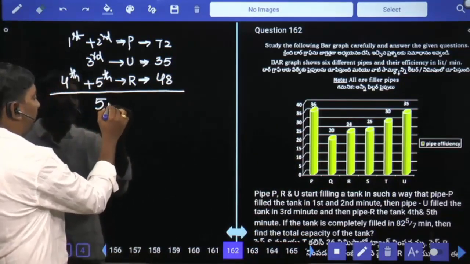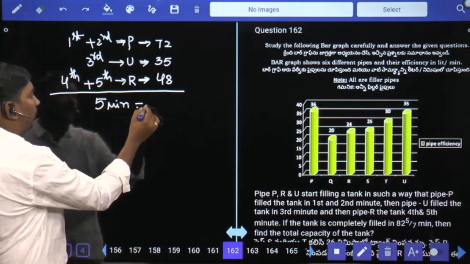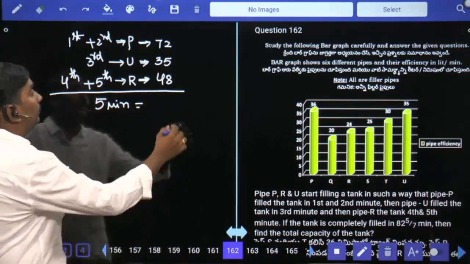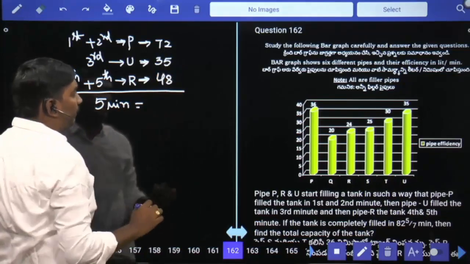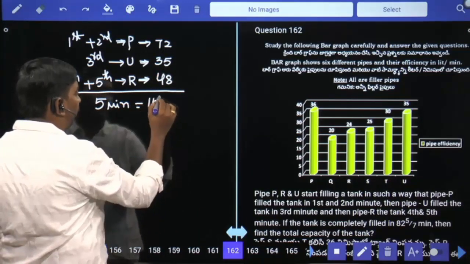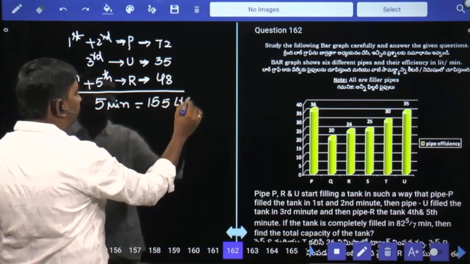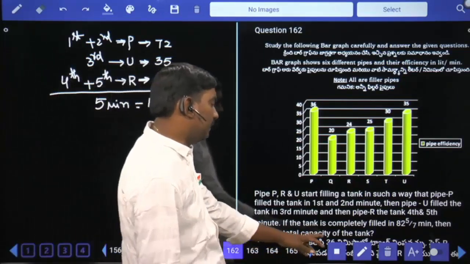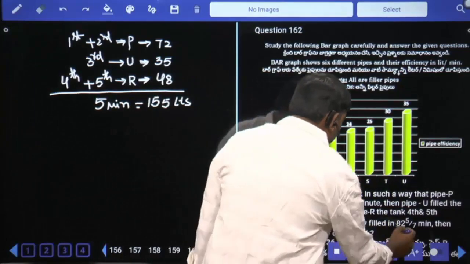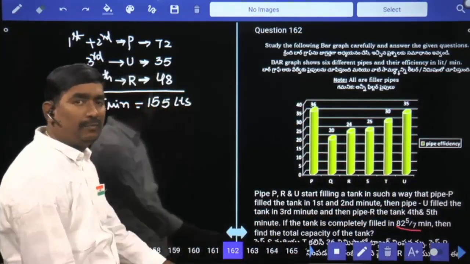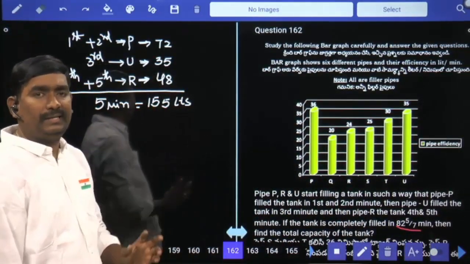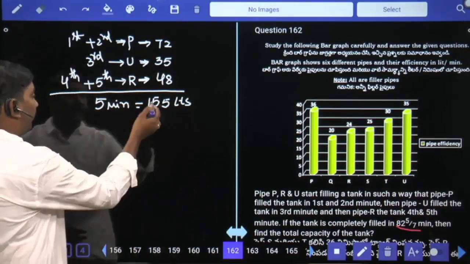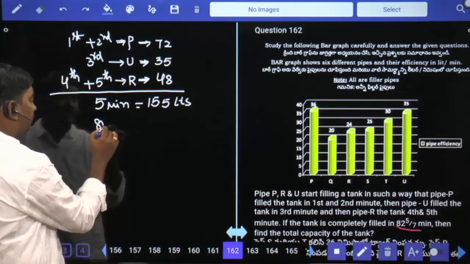So in 5 minutes, all the pipes together can fill 72 plus 48, 120 plus 35, 155 liters. And the complete tank is filled in 82 5 by 7 minutes. Then in 82 5 by 7 minutes, how many liters we need to calculate? In 5 minutes, 155 liters.